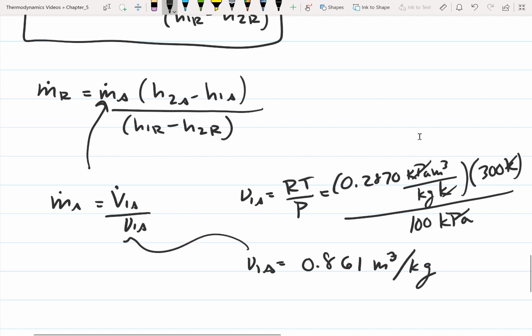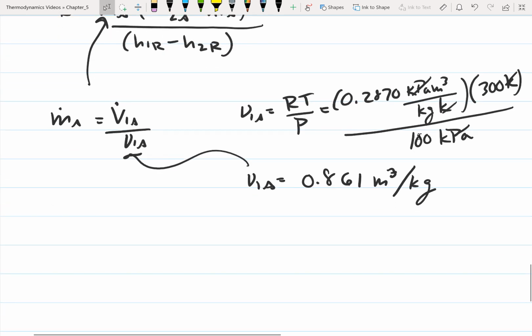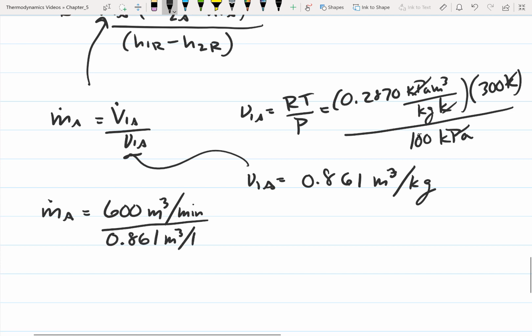So then we're going to plug this in here, and we know the volumetric flow rate because it was given. So the mass flow rate of the air is equal to 600 meters cubed per minute divided by 0.861 meters cubed per kilogram, which works out to 697 kilograms per minute.